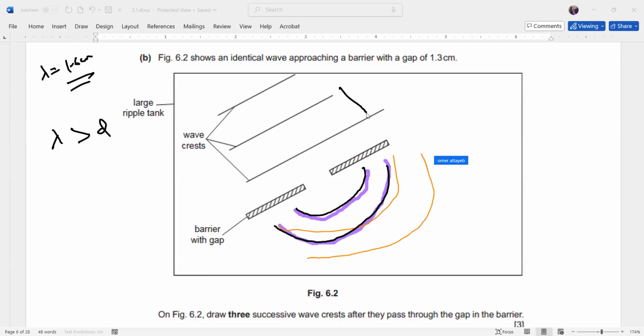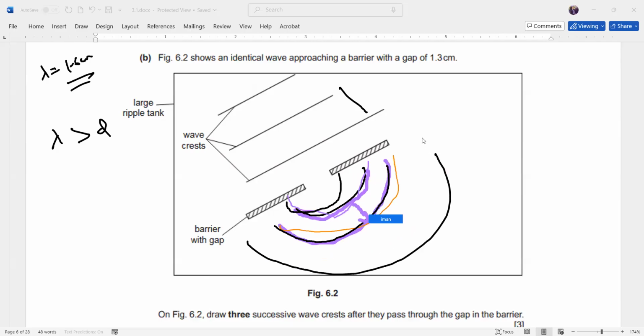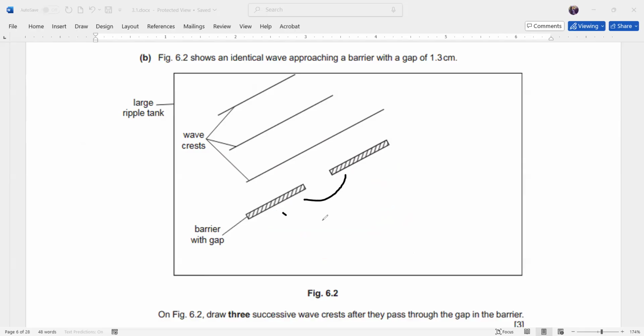If this was 1.6 centimeter apart, this should also be 1.6 centimeter apart. So we'll move on to the next question now. In the exam, just draw the circular wave pattern, wavefronts, at a distance of 1.6 centimeter from each other.